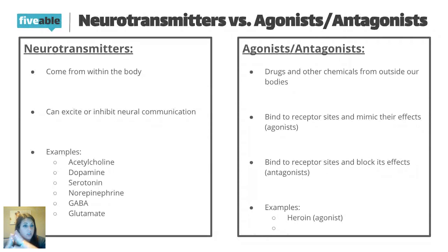Because there was so much of it bound to those receptor sites, your body produces less of those neurotransmitters over time, because it's like, hey, something else is already doing our job for us. We don't need to do it. So when you're coming down from heroin, your body's also not producing enough of that chemical. And that's why you feel so yucky when you go through withdrawals and detox, because your body stopped producing that. And then you just feel like crap, basically. And that's why withdrawals don't feel very good.